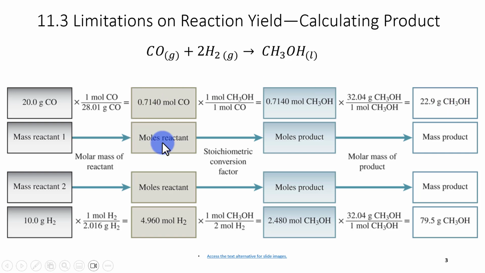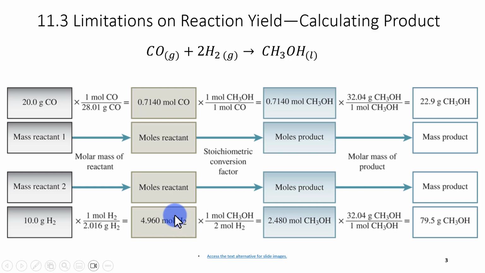Now, we repeat the same thing, but with the amount that we are given for the second reactant, which is hydrogen. I take that amount and convert it to moles by using the molar mass of hydrogen, so 10 grams divided by 2.016 grams per mole gives me 4.960 moles of H2.